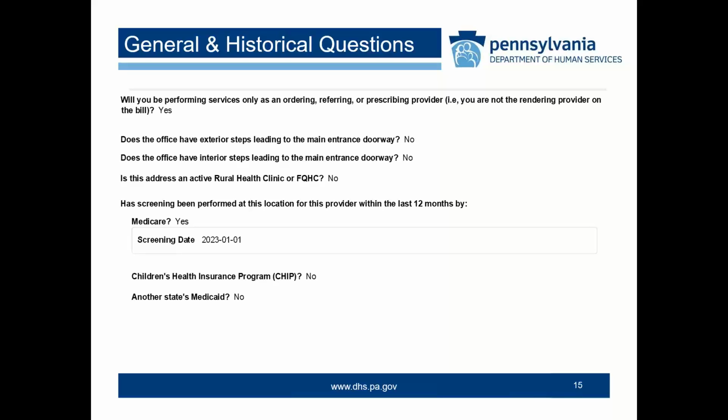If the address is considered a rural health clinic or FQHC, a federally qualified health clinic, if it is, you would say yes. And then, as I stated before, in reference to the PEP, you will only be able to use enrolled not paid or enrolled rendering only as a PEP.